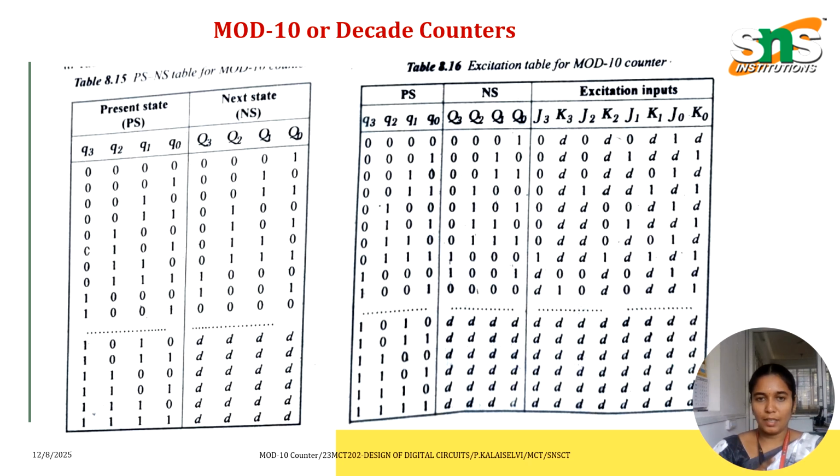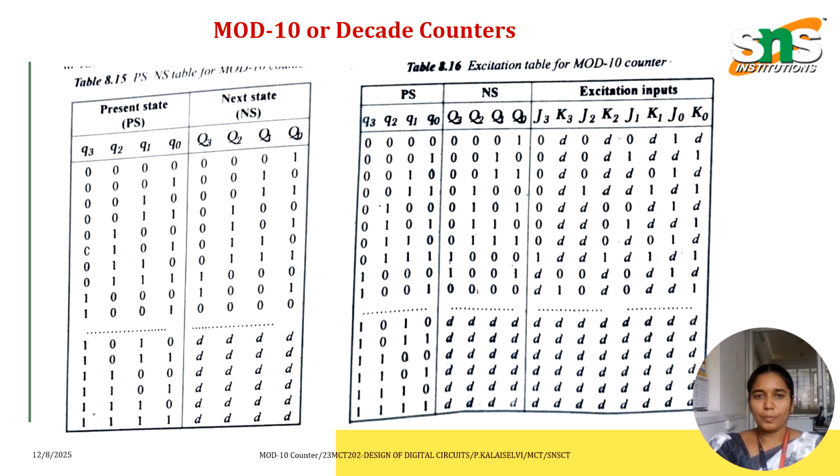The unused states from 1010 to 1111 are automatically cleared using an AND gate or NAND gate based on the reset logic. Otherwise we take them as don't care conditions. This ensures that the counter always cycles strictly between 0 and 9 only.